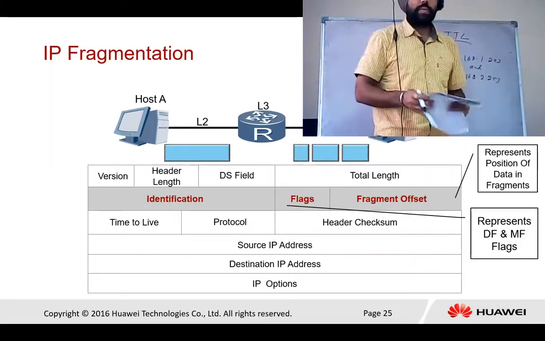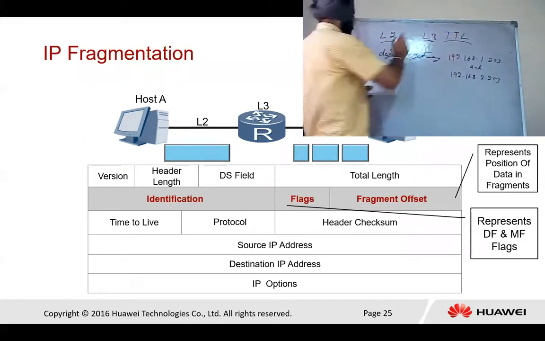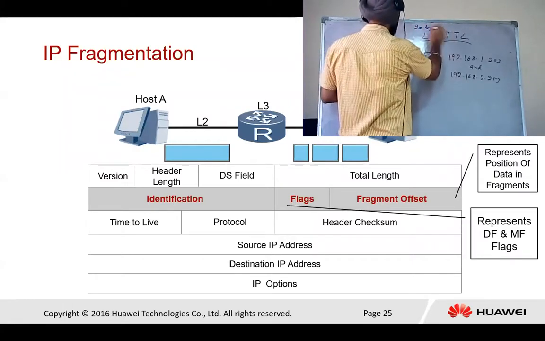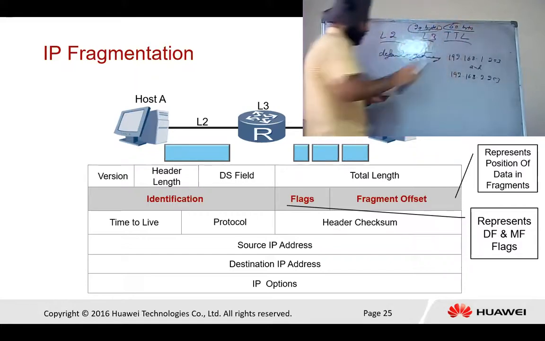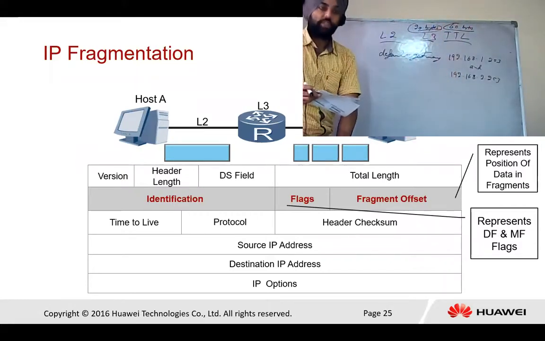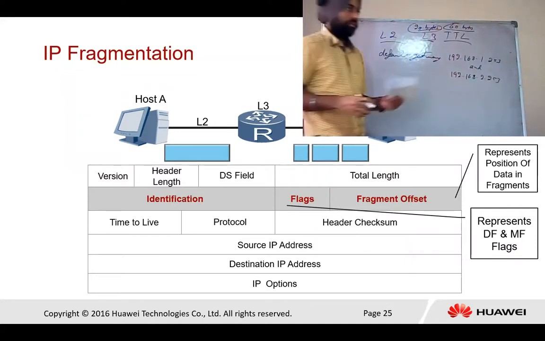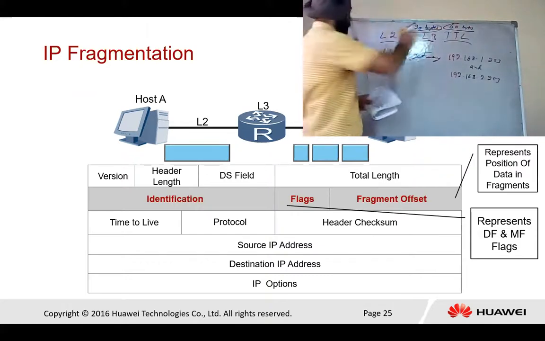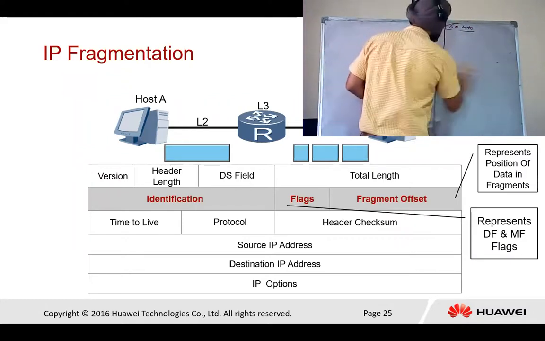The header has a minimum length of 20 bytes and a maximum of 60 bytes. The first field is the version, whether we are using IPv4 or IPv6. So this is about the version part.